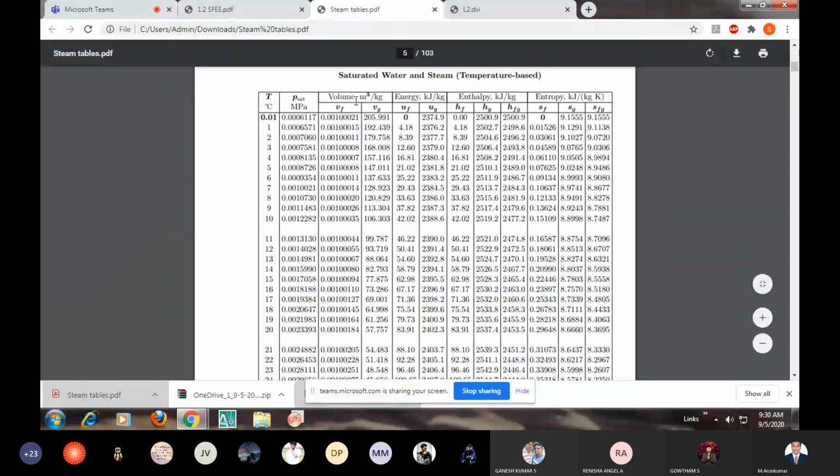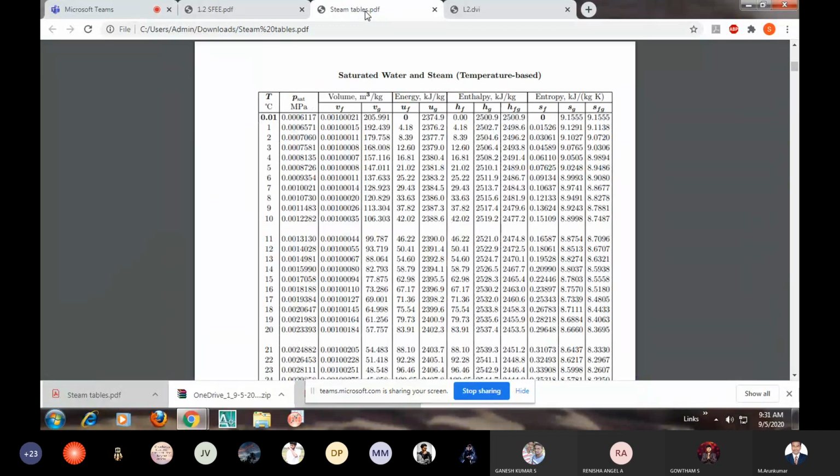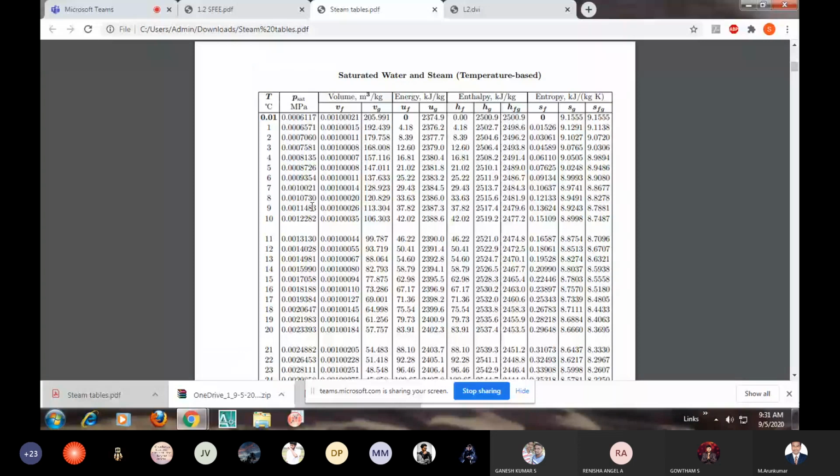Right, so we can have the values. We can take these values Vf and Vfg by using this table. We want to look at the pressure of 1100 kilopascal. Here we can take 0.01 kilopascal.